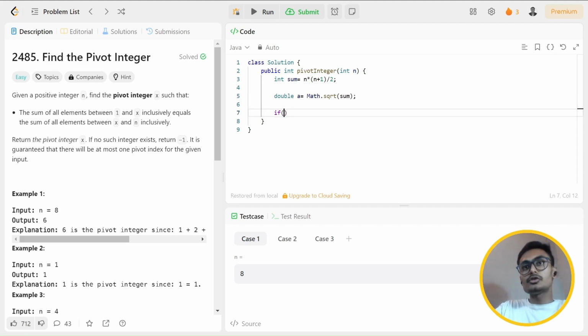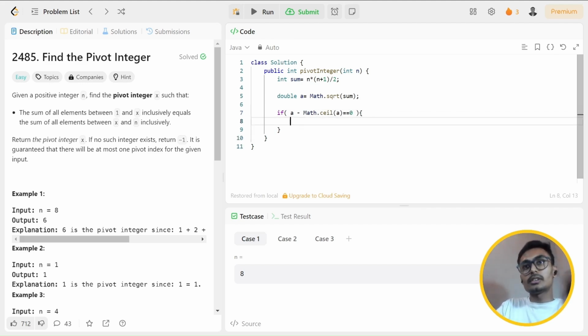Now first we have to check if A is fractional or not. We will do a simple trick: A minus Math.ceil of A is equal to 0.